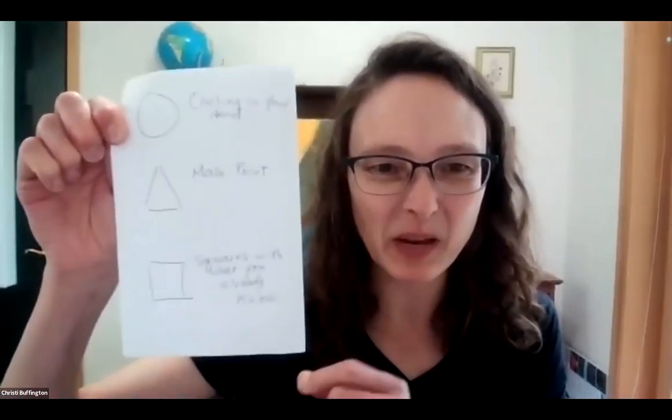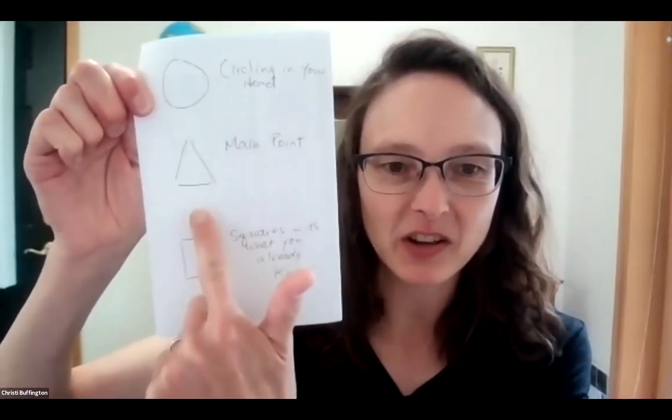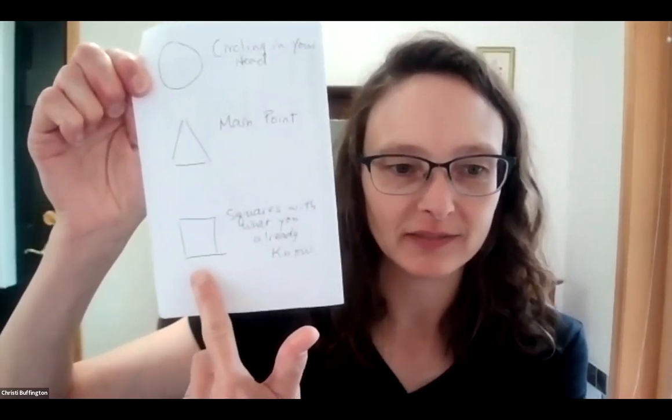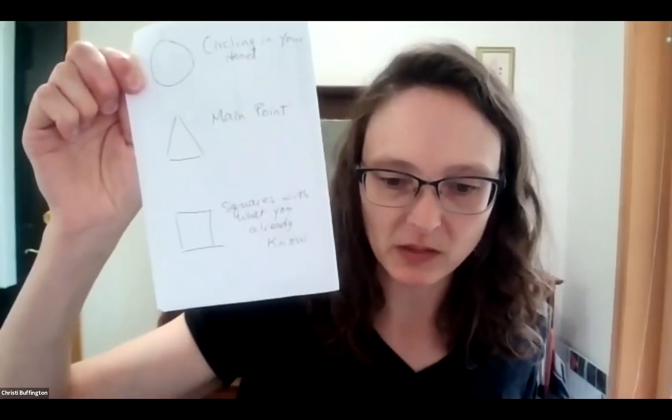Okay, bear with me here. What I need you all to do is take out a piece of paper. And on your piece of paper, I want you to draw a circle. I want you to draw a triangle. And I want you to draw a square. This is something that your students can do asynchronously as well.